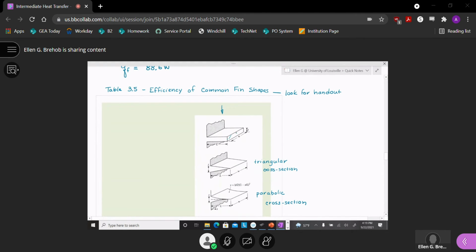So we can imagine convection off of that surface. It's a little bit different for these guys because they just come to a point, but we have some other ones. Rather than assuming convection, the assumption in this table is an adiabatic fin tip. And then the way that they correct for the fact that I could really have some convection going on is that they might use a corrected fin length.